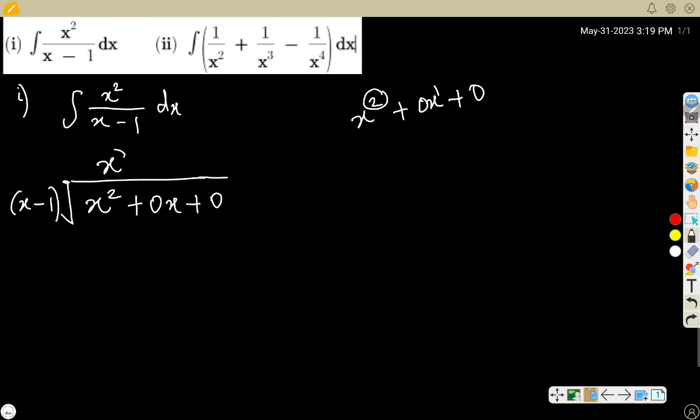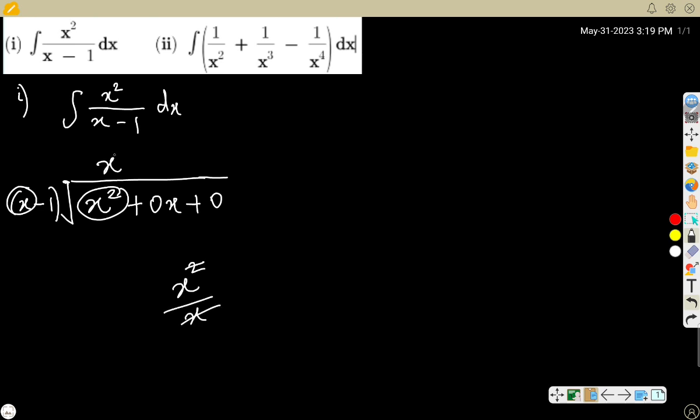So now this x will open this bracket. So get the pattern. Again, x squared divided by x, this will cancel, it remains x. That's the one you write there.